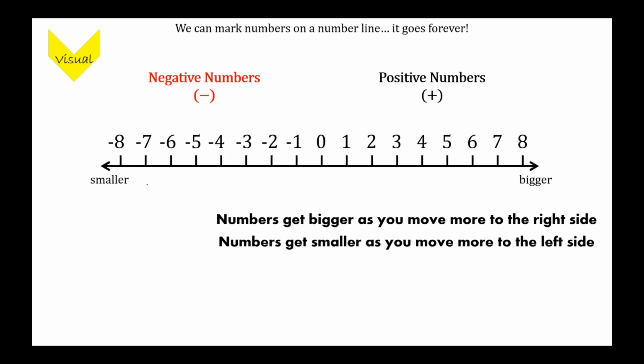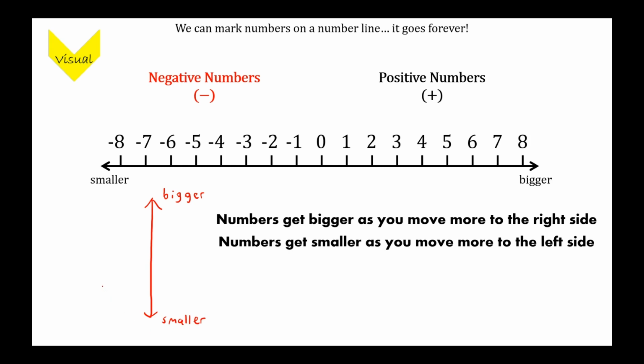So besides a number line like this, where as you move to the right you get bigger, and as you move to the left you get smaller, there are also number lines that are vertical, so up and down. As you move more up, you're going to get a bigger number, and as you move more down, you're going to get a smaller number.